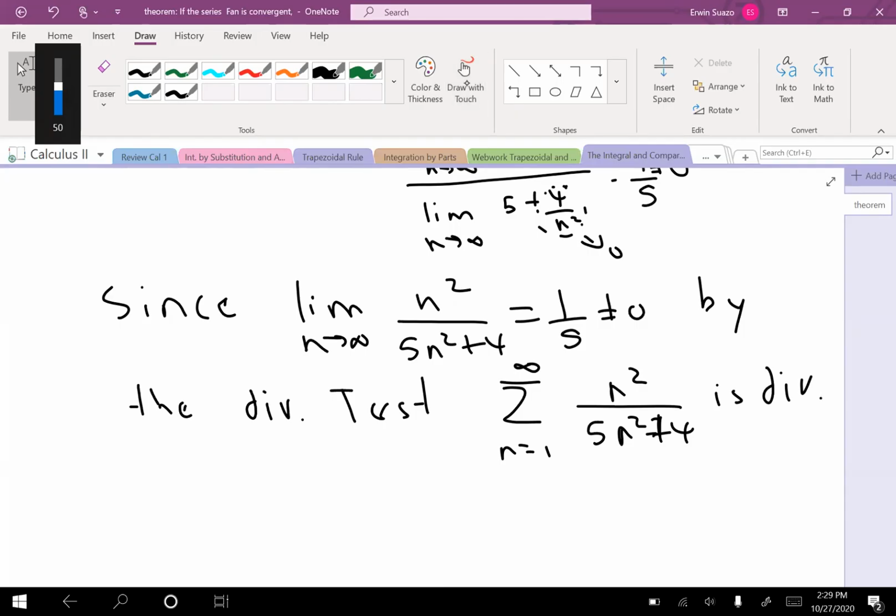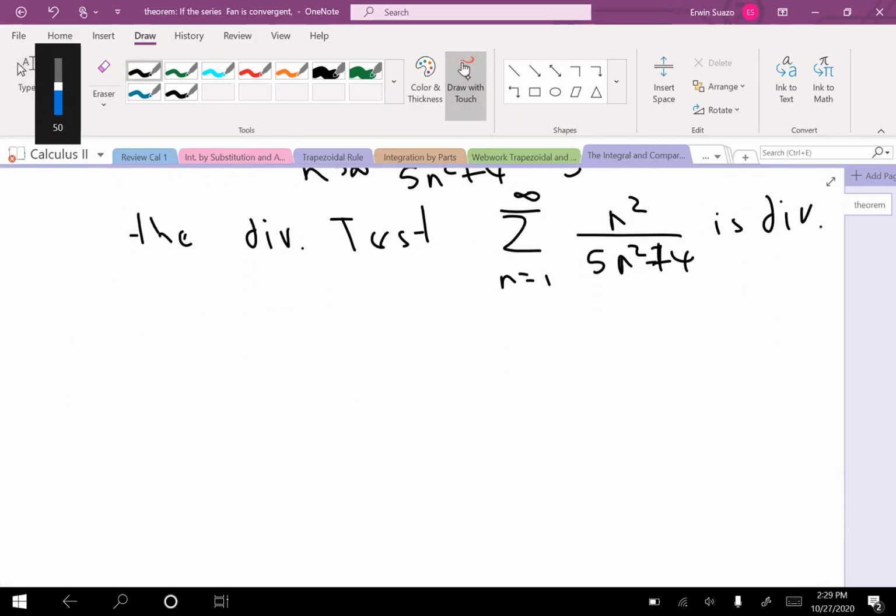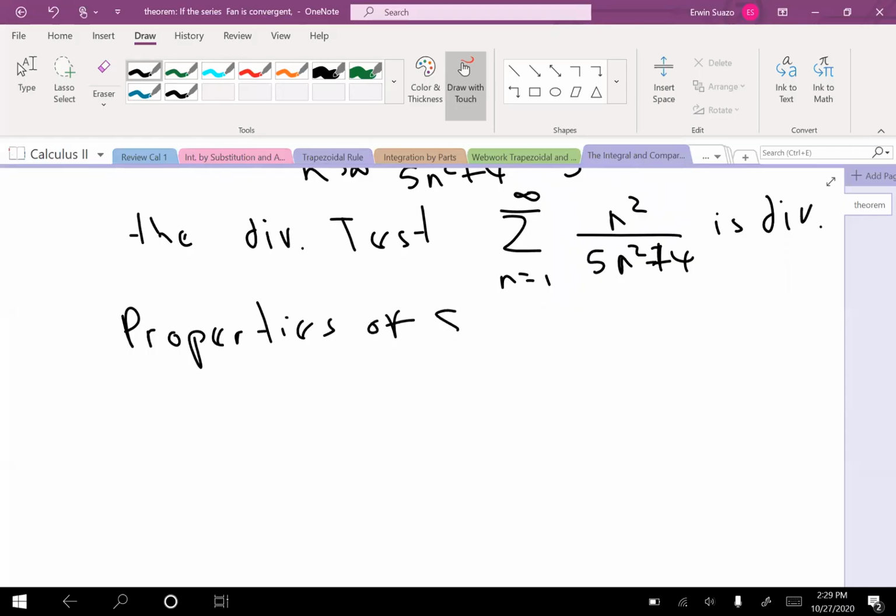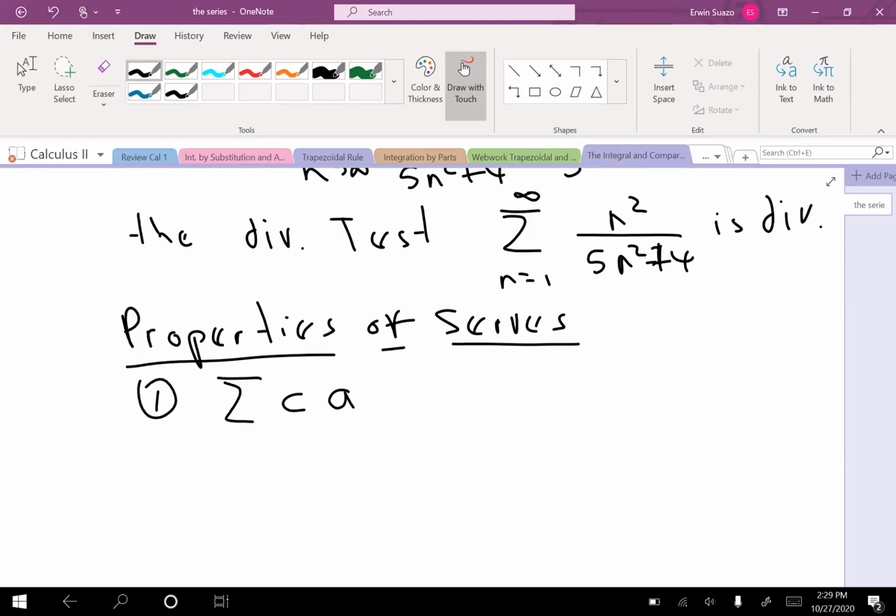So to move to the next section, let me remind you of some properties of series, because you can split your series. The first property: if you have the sum of a constant times a to the n, you can just take the constant out and find the sum.